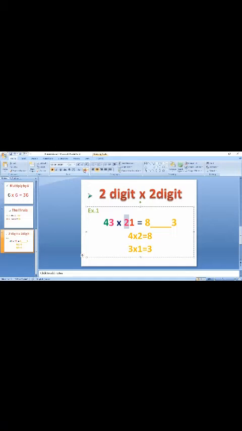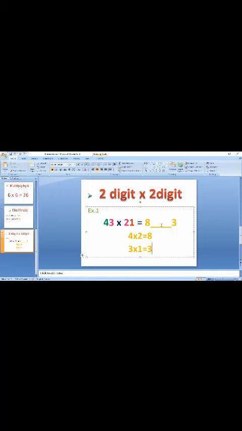I'll tell you a memory trick. We take the first number and the second number, each having digits 1 and 2. First we multiplied first with first and second with second.